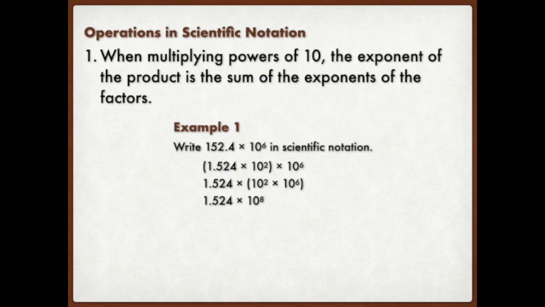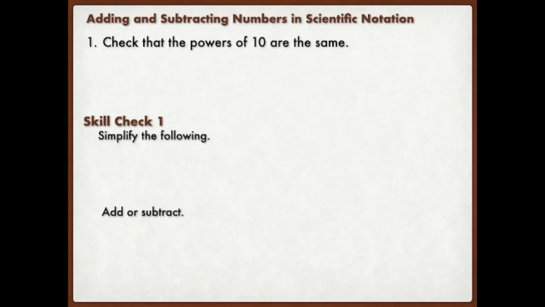So 10 to the 2nd power times 10 to the 6th power, I would just add the exponents. That's all this is saying. So if I need to modify and fix a number, I'm going to put that in parentheses, focus on that, and then I may have to add exponents. Okay, on the next slide, we're going to be doing the same type of thing. We're adding the exponents.